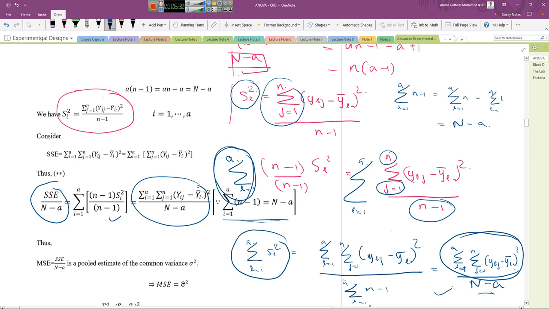So from this we can tell SSE divided by N minus a is the mean square error, because this is actually the mean square error, because we have taken the average of all the error points.